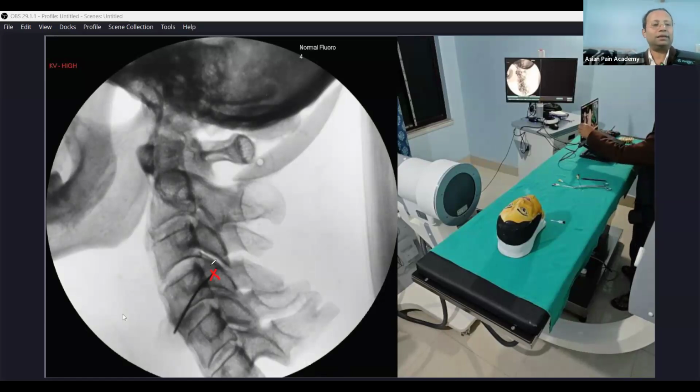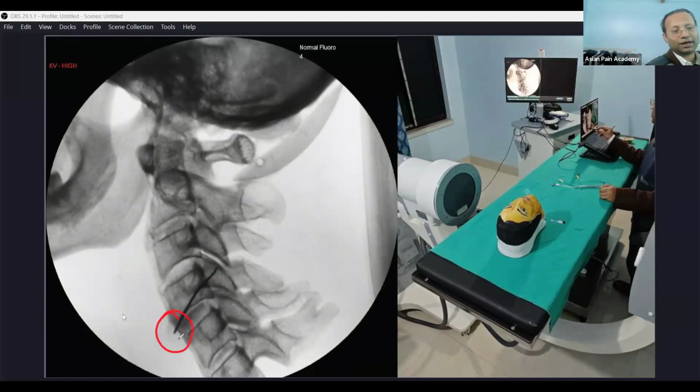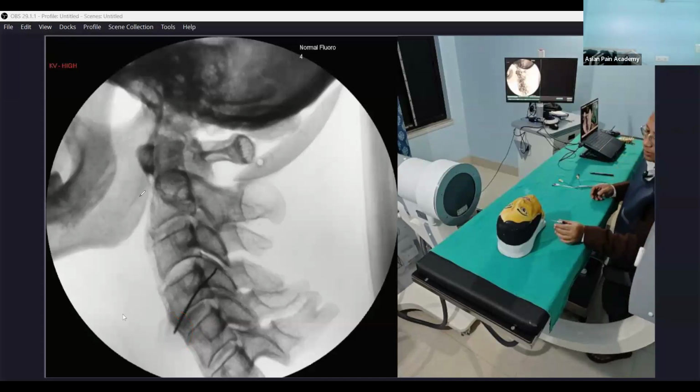So we can see the tip. Here the plastic round area we can see, so we can understand that this is the hub. But I am going a bit more posteriorly, so I will make it a bit more anterior.